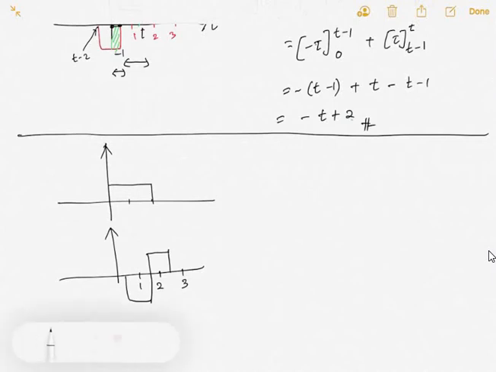Is there any overlapping region? Yes, right. There's an overlapping region, this part and this part only.